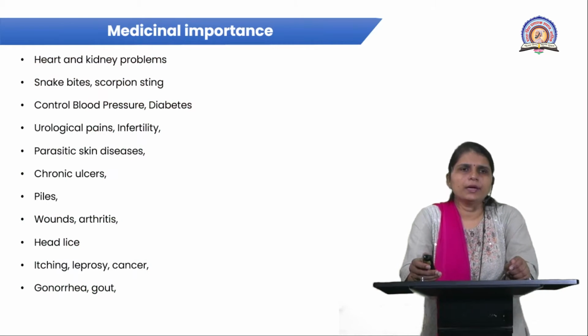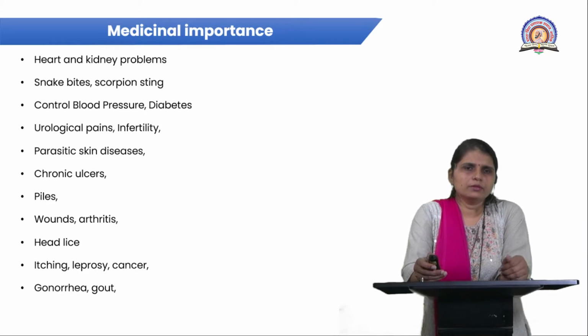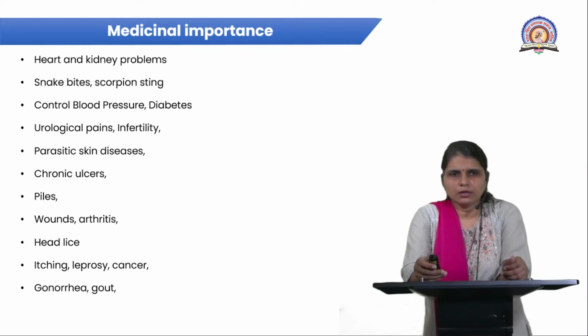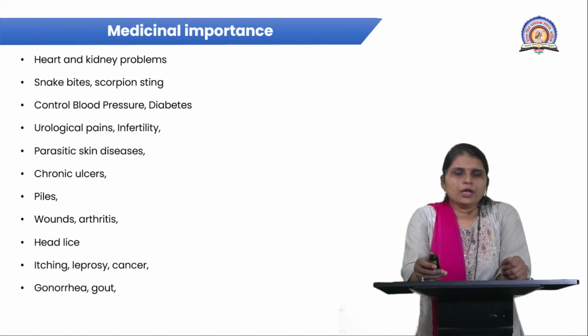Then, medicinal importance. In some diseases, plants have medicinal importance, like heart and kidney problems, snake bites, scorpion sting, controlling blood pressure, diabetes, then urogenital pains, infertility in women, then parasitic skin diseases, then chronic ulcers, then piles or wounds, then arthritis, then head lice or itching, leprosy, cancer, then gonorrhea, gout.